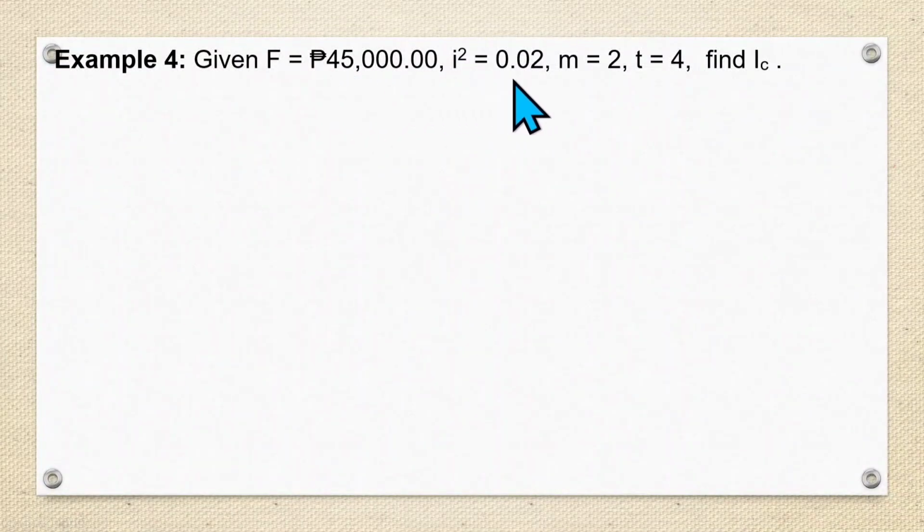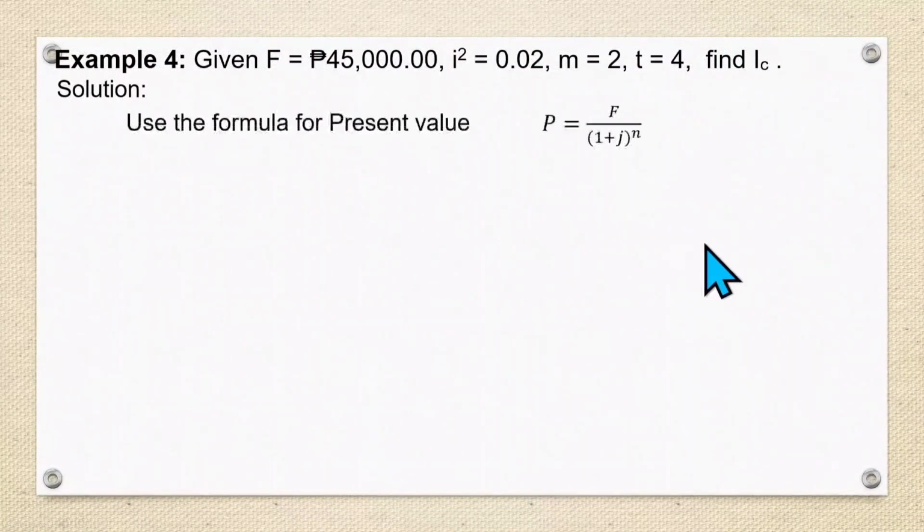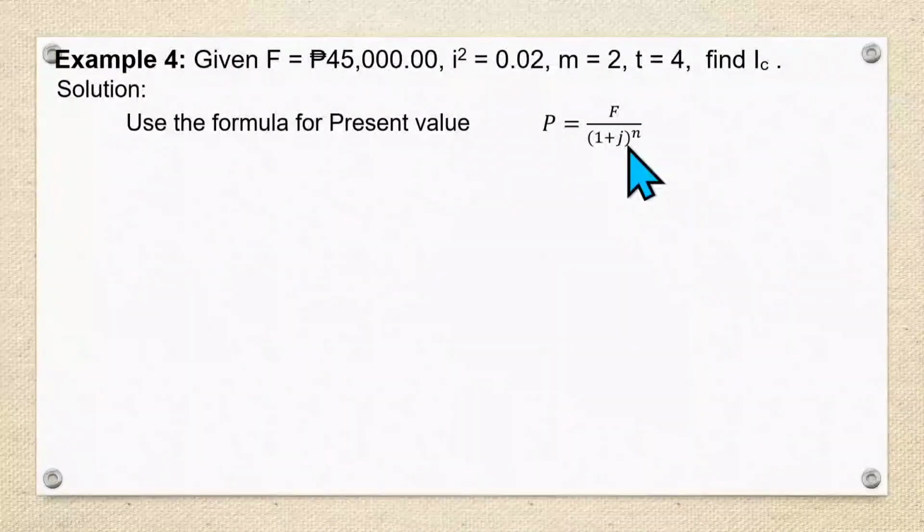The given shows that the rate is compounded semi-annually because the value of m is 2, and in 4 years because the value of t is 4. We have the solution. Use the formula P is equals to future value divided by (1 plus j) raised to n.